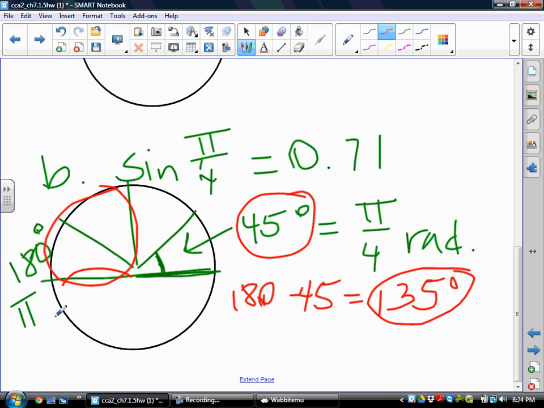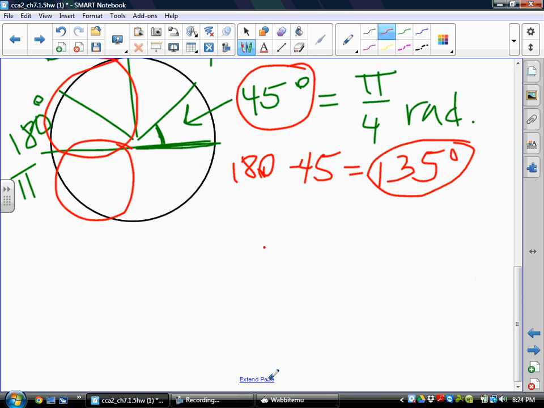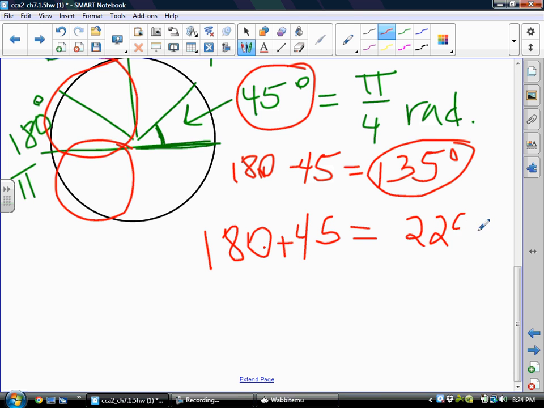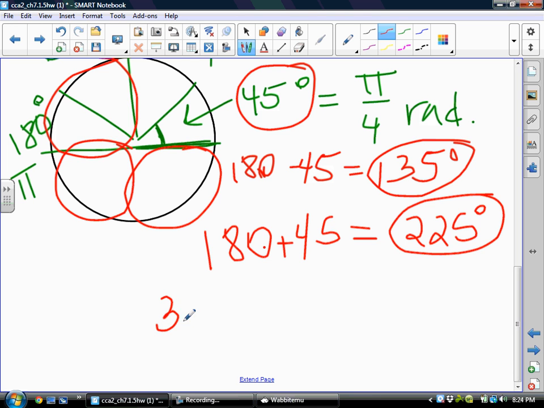If I want to go in the bottom left, which is quadrant 3, I'm going to take 180 degrees plus my reference angle, because I went halfway around and a little bit more, so this would be 225 degrees. And if I want to find the fourth quadrant, I'm going to say 360.